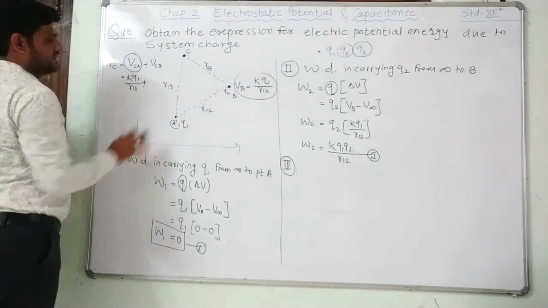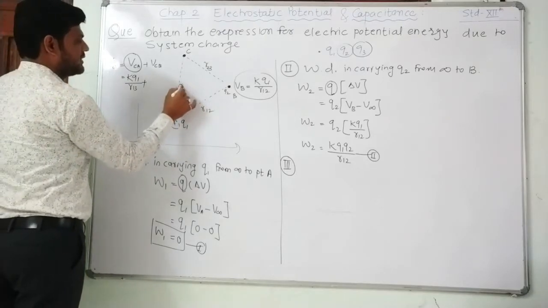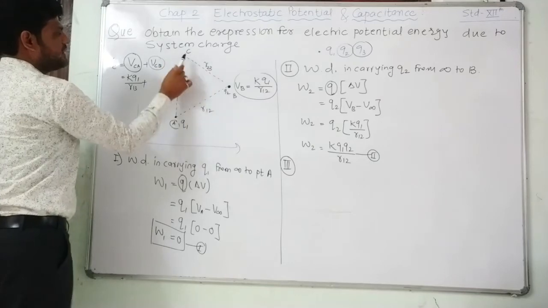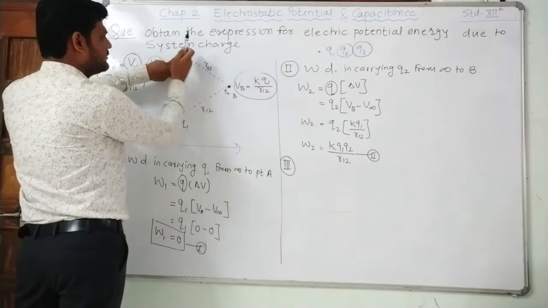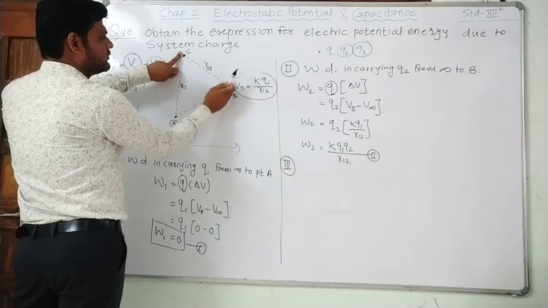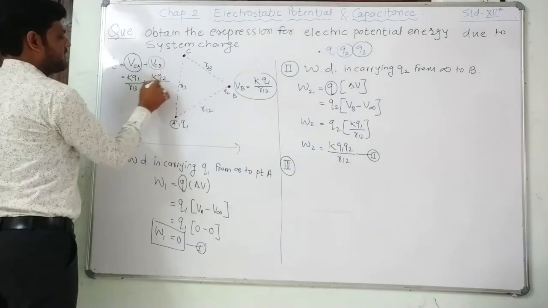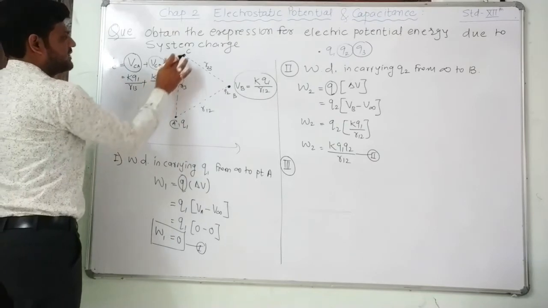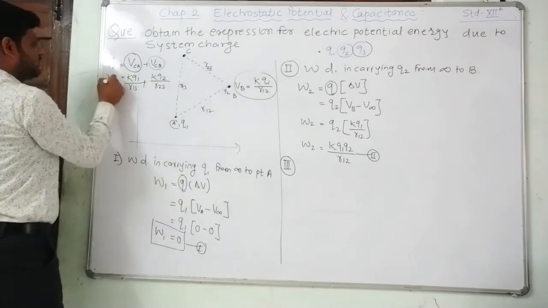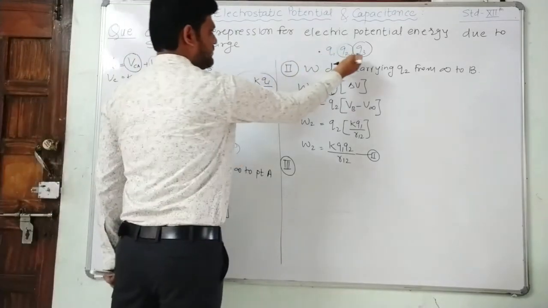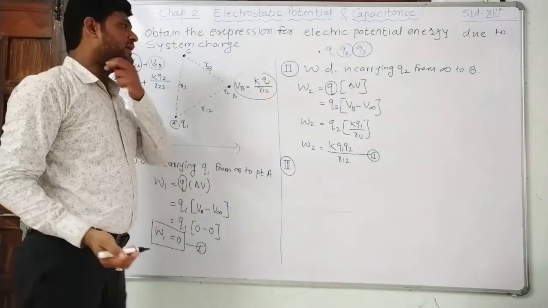What is the potential at point C due to B? At point C, the potential due to the Q2 charge will be K Q2 divided by R23, the distance between them. This is the potential of point C. Correct? Okay.